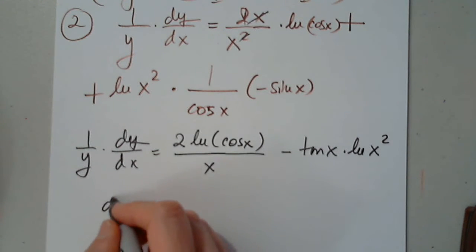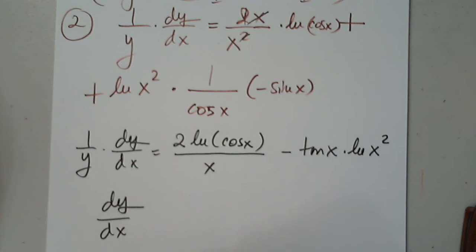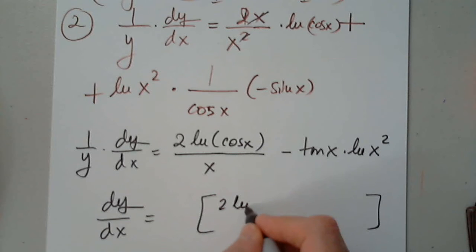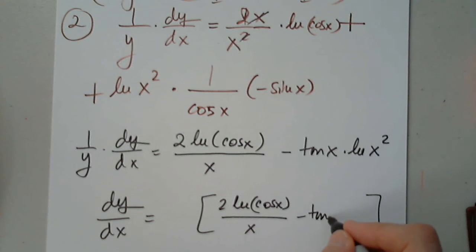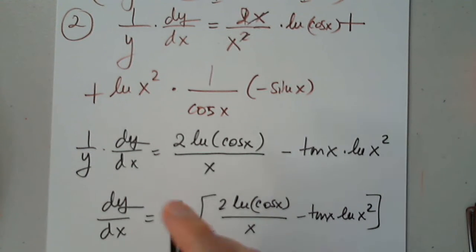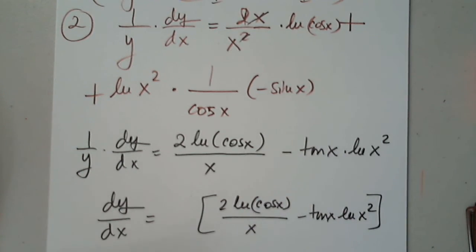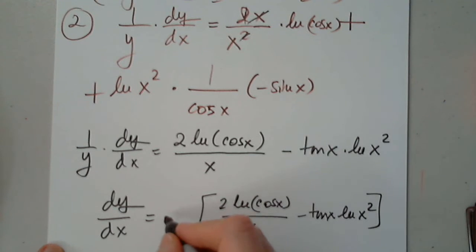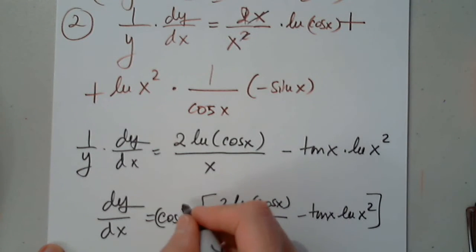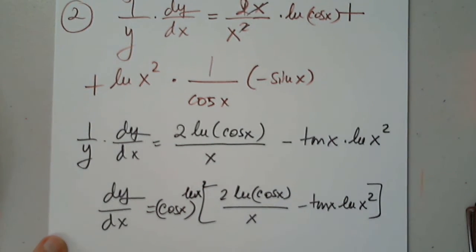All I have to do now to find dy over dx is multiply both sides by y. All this, 2 natural log of cosine x over x minus tangent x natural log of x squared, multiplied by y. I'm not going to write y here. It's a waste of time. I'm going to write this. Cosine x raised to natural log of x squared. And this is it.